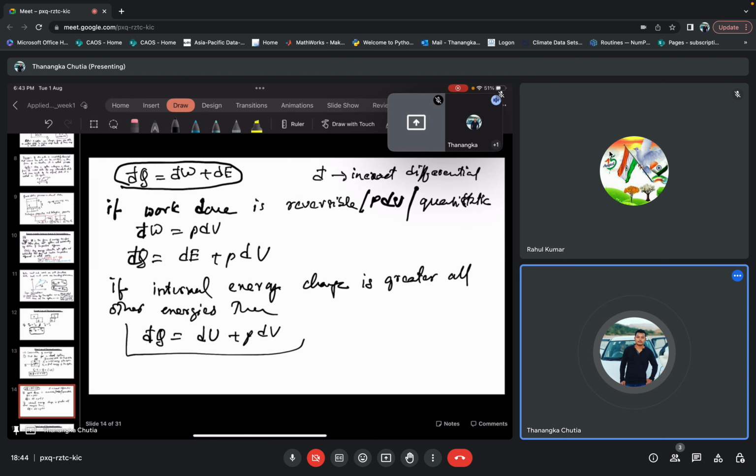So this is another simplified form, and this you will deal with most in most of your numerical sums. So this is the first law of thermodynamics for a closed system.